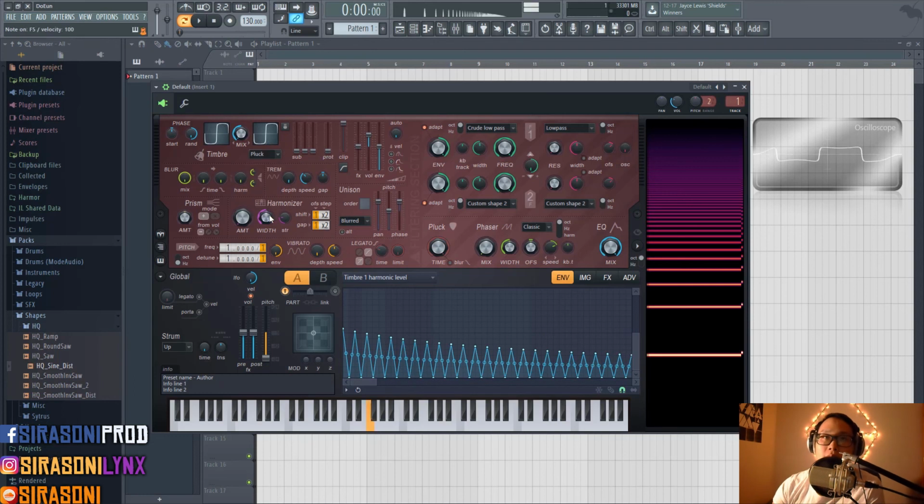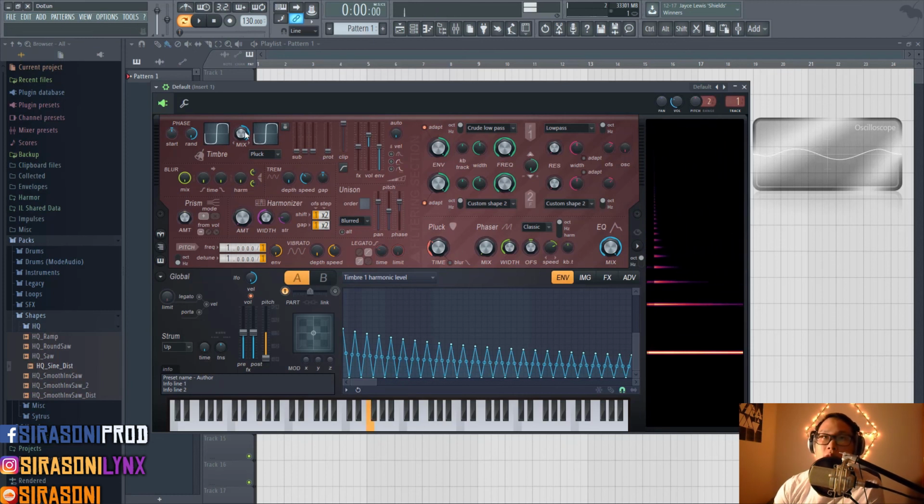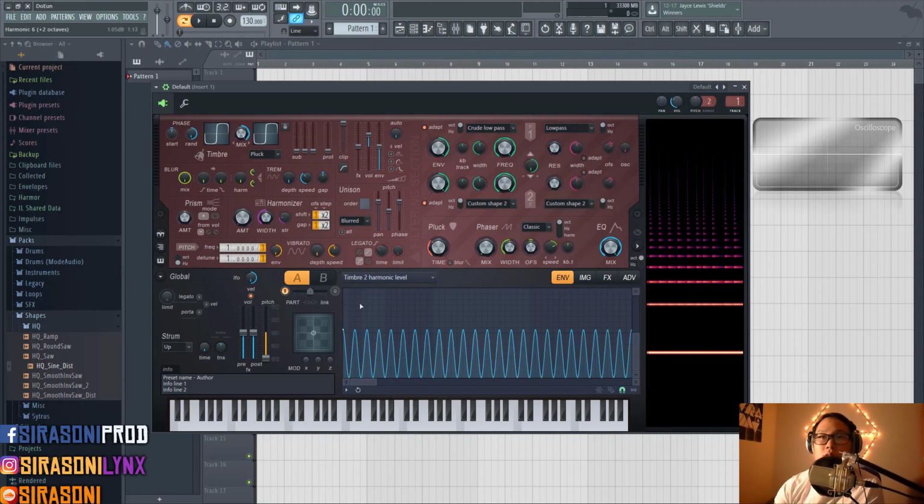All right, and then we get pluck, which works with this knob right here, and it plucks away the harmonics of Timbre 1 faster than Timbre 2. So you guys can see, if we just do a fade, it's like this, but if we do this special pluck, let me actually change this up.